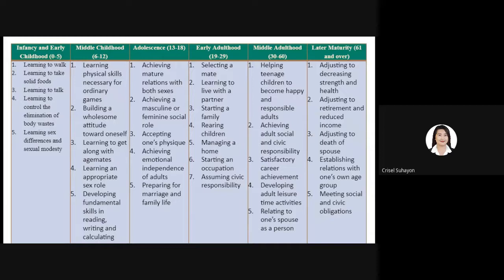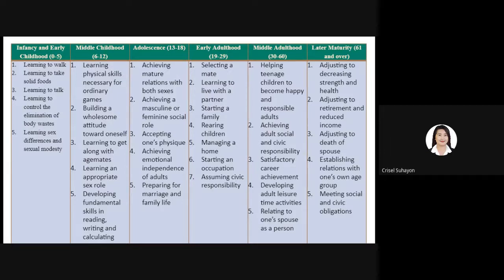You're able to join organizations, especially if you have children later on, you will be joining PTA groups, parents-teachers organizations, something like that. Then satisfactory career achievement. It is expected of you at this stage to have a stable job, no? A stable job, and you are performing your best in your job, whatever your job is.